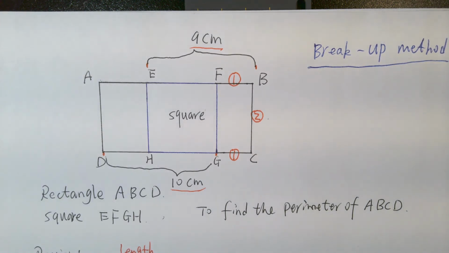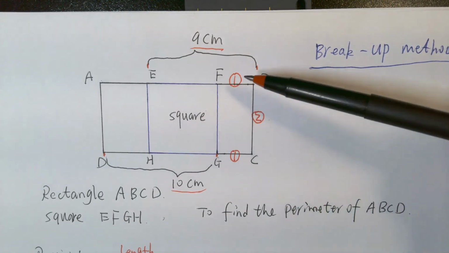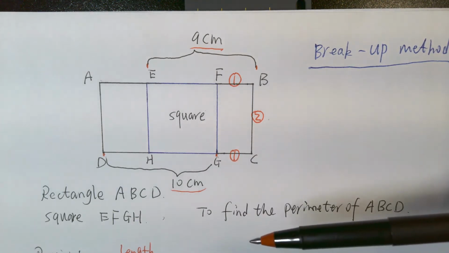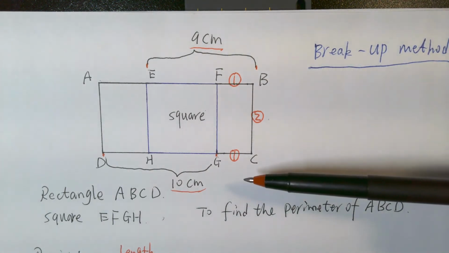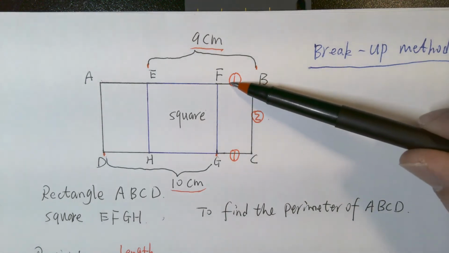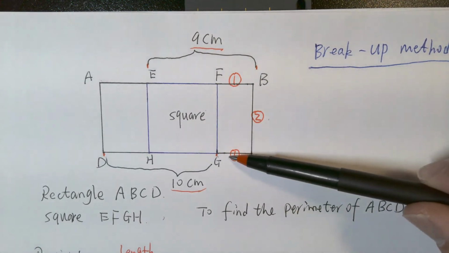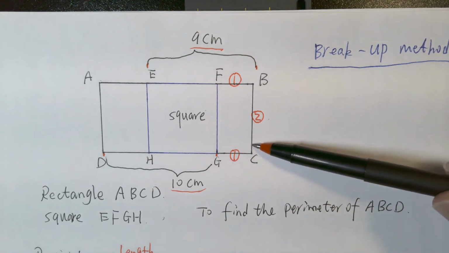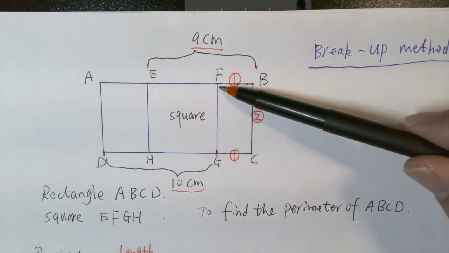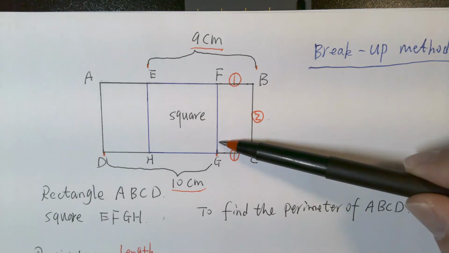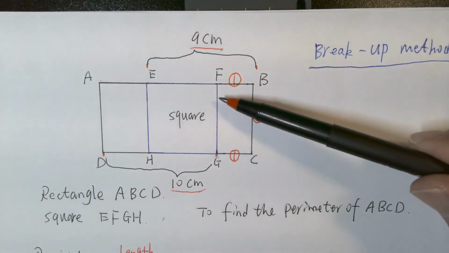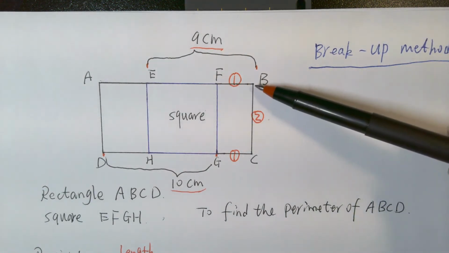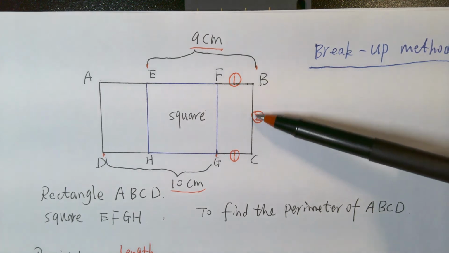Okay. Also, if you look at this small rectangle FBCG, we know for a rectangle, the top side always has the same length as the bottom side. Also, the width on the right is the same as the width on the left, meaning from F to G is the same length as from B to C, right?